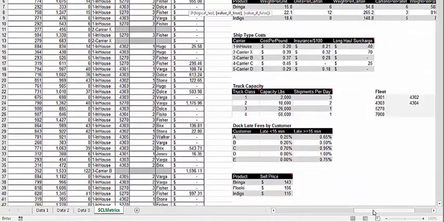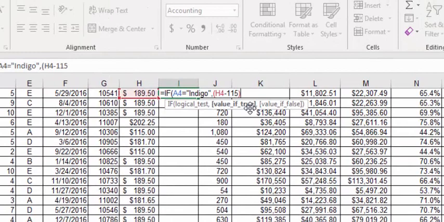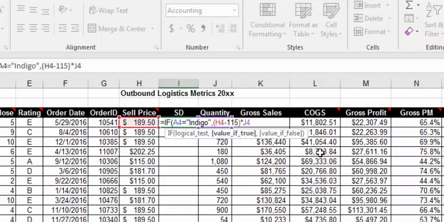It was $115 minus 115. Now that would give you the difference between 115 and the price we sold it for. That's for one unit. Then you multiply it by J4, which is the quantity. This column is actually the quantity, right?